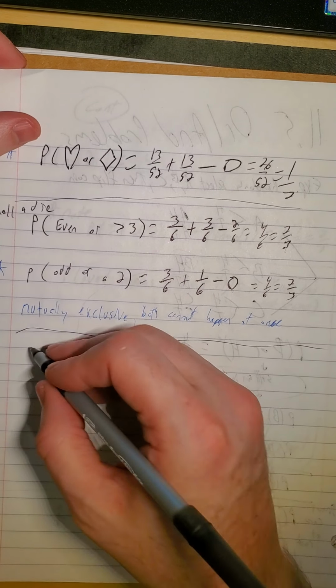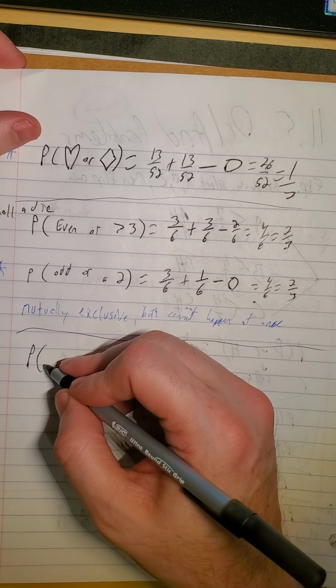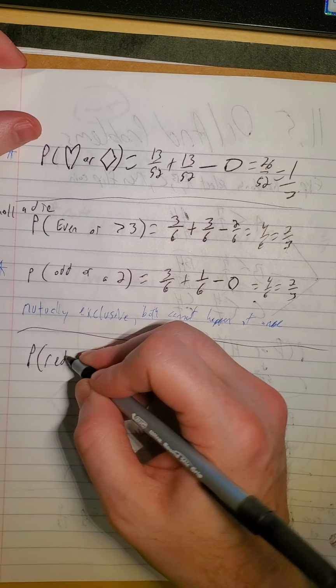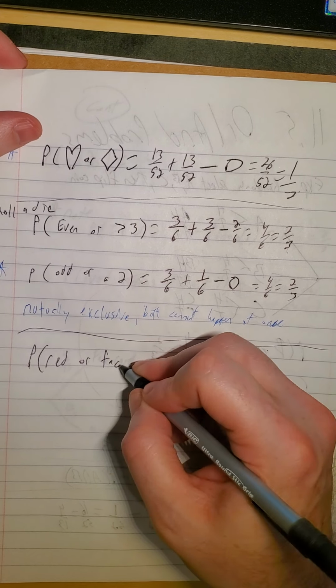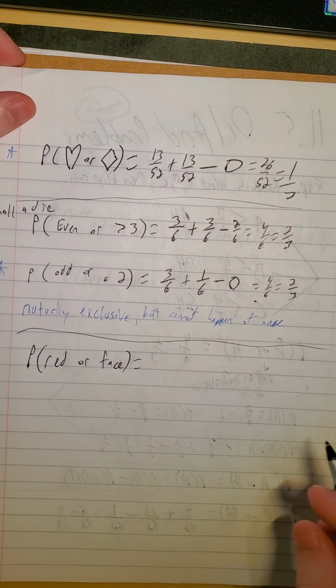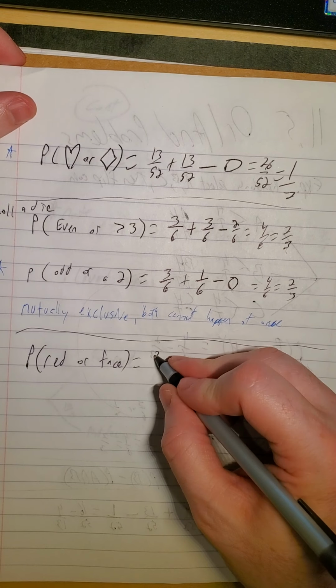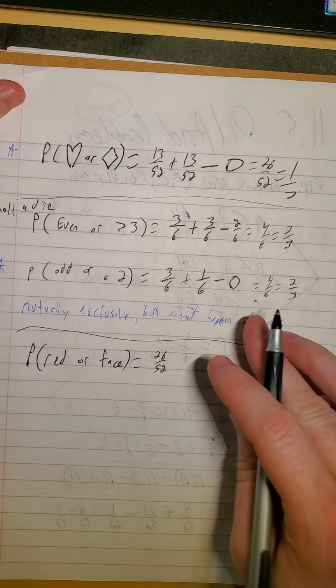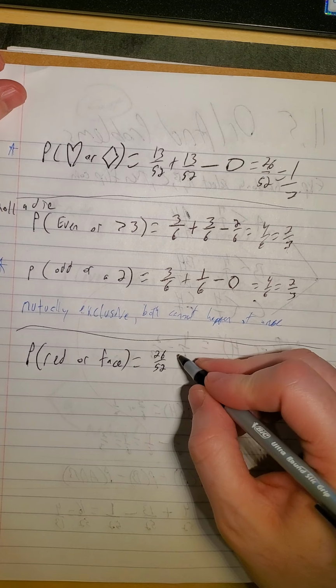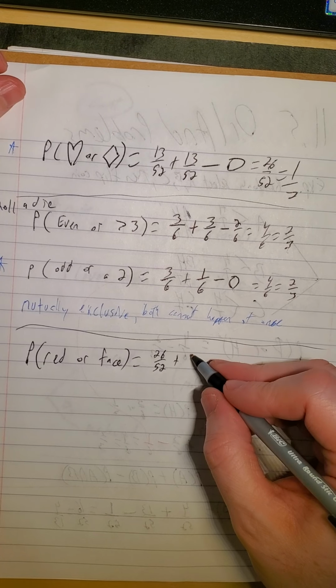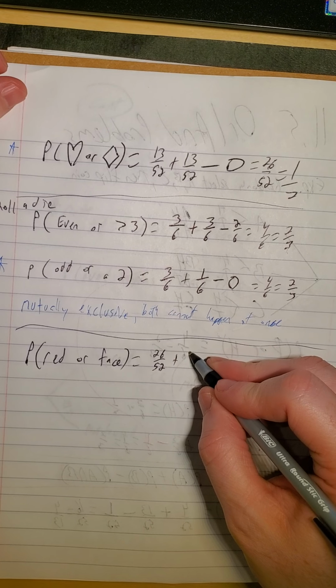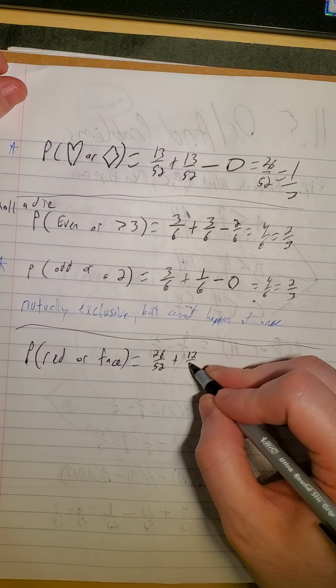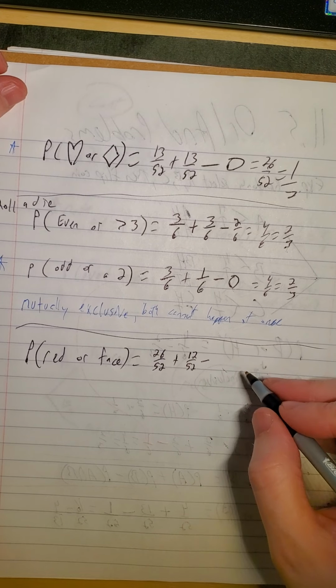In our cards world, we might be looking at the probability that we have a red or a face card. Red cards, 26 out of 52. So notice, until I'm done, I don't do the reducing. Face cards, we have 3 in each suit, 4 suits, 12 of those out of 52 total.